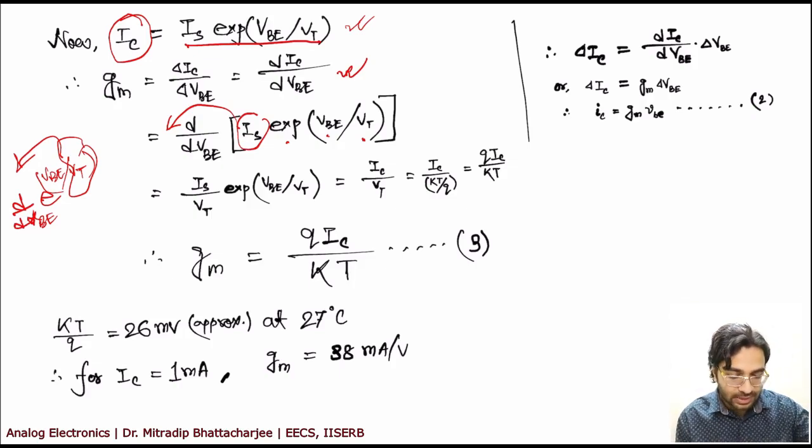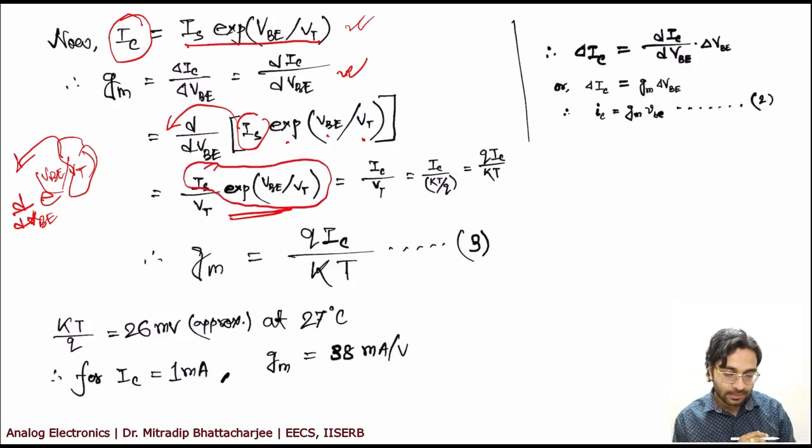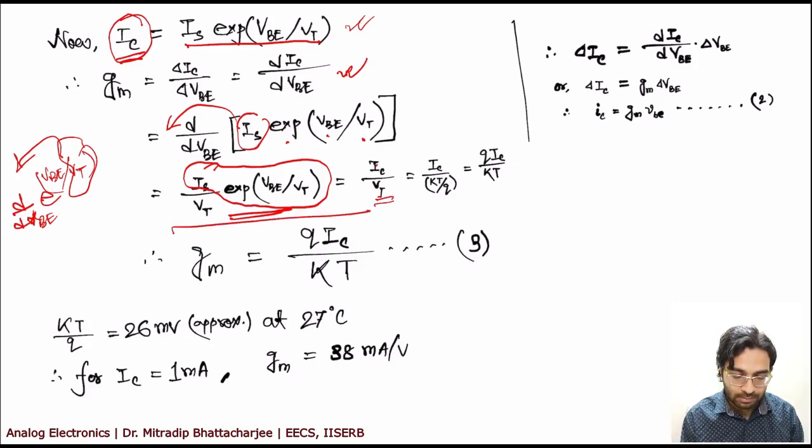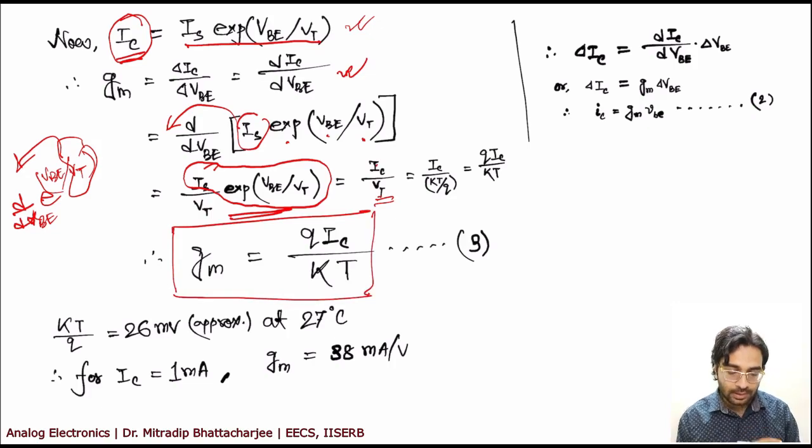So you will get IS by VT into exponential VBE by VT. This is the expression. If you take IS into this exponential, you will find this is equal to IC. So you get IC by VT. Again, VT is the thermal voltage, which is kT by q. So IC by kT by q. So ultimately you get qIC by kT. So GM is equal to qIC by kT. This is your expression for transconductance.